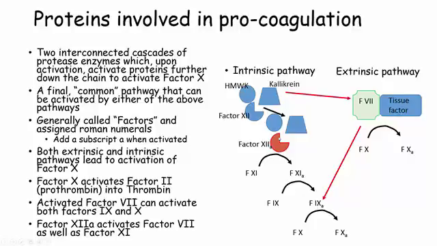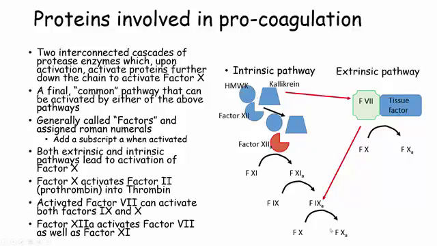Factor 12A then will activate another protein called factor 11 to factor 11A. This becomes the serine protease. This activates a protein called factor 9 into factor 9A, and factor 9A activates factor 10 to form factor 10A.